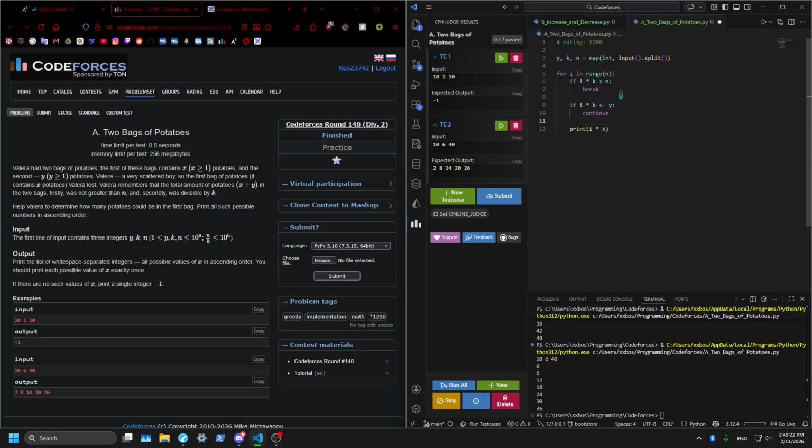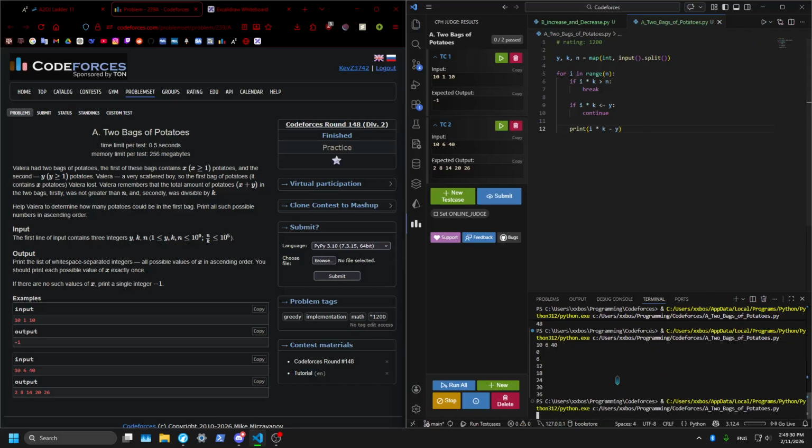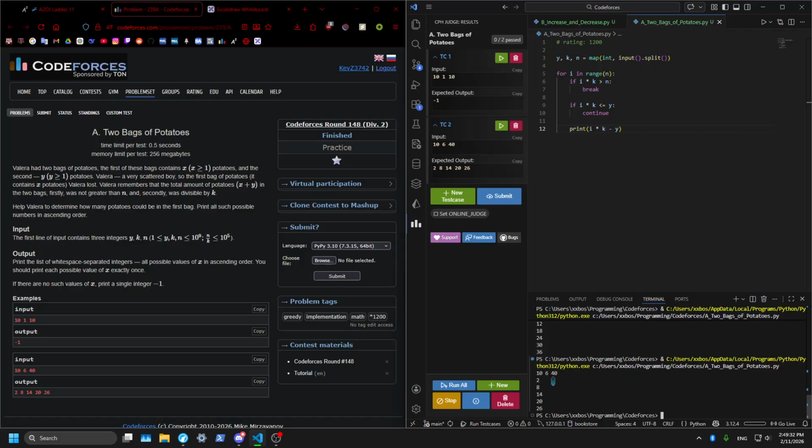Print I times K minus Y. 2, 8, 14, 20, 26.